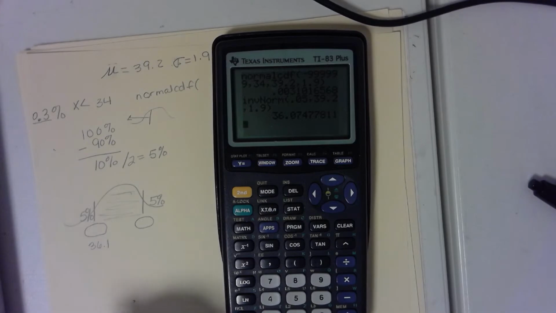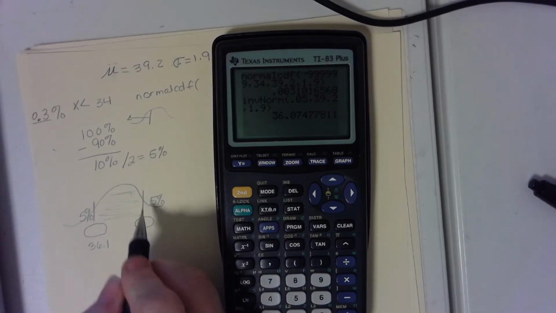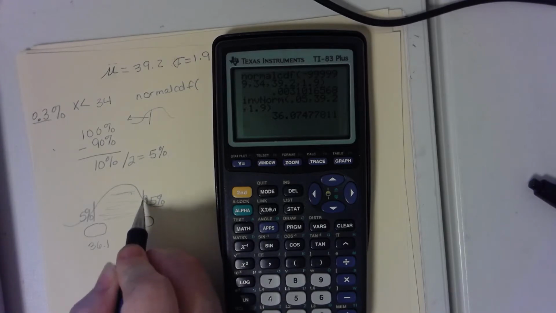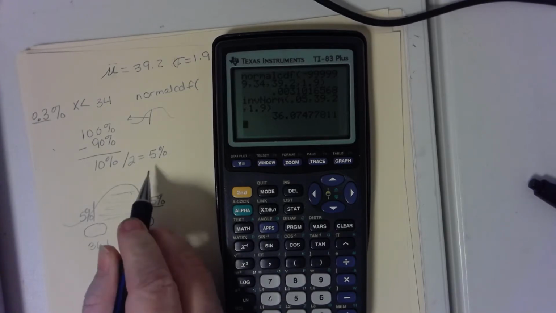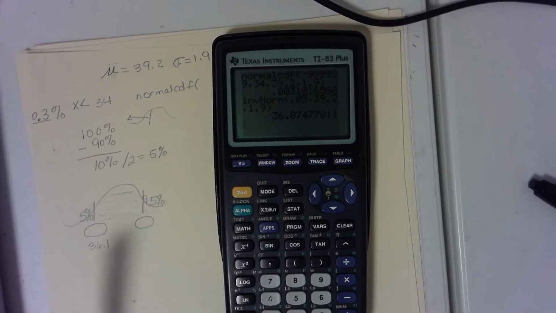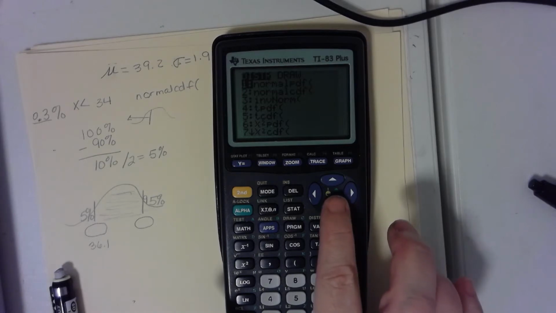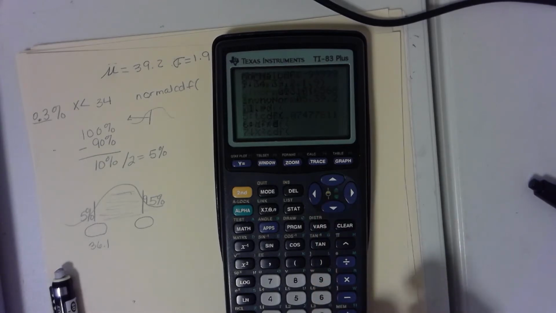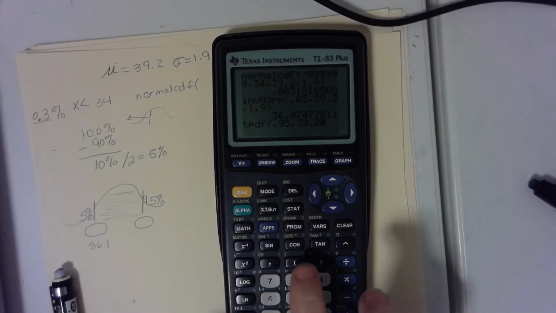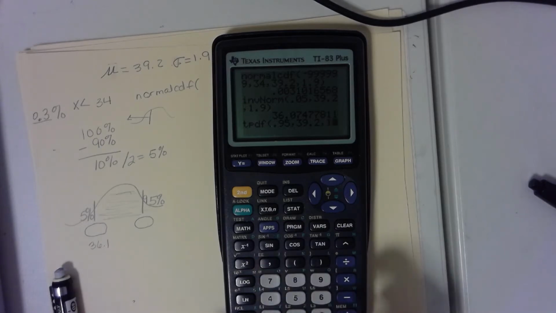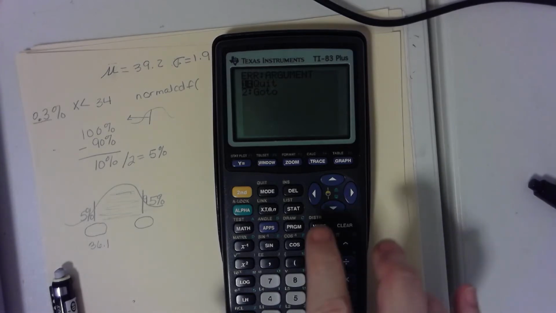And then to get the upper level, this would be at the 95th percentile. I just took the 5% from the 100%. So now I'm going to do the same thing. Second vars, go to inverse norm, 0.95, comma, 39.2, comma, 1.9, enter. Oh, what did I do?